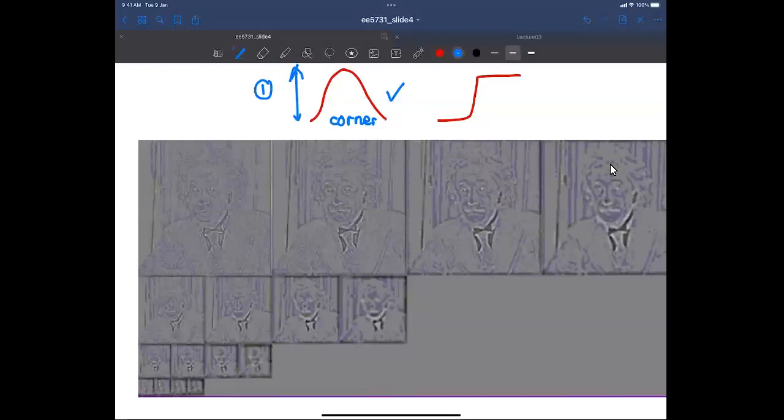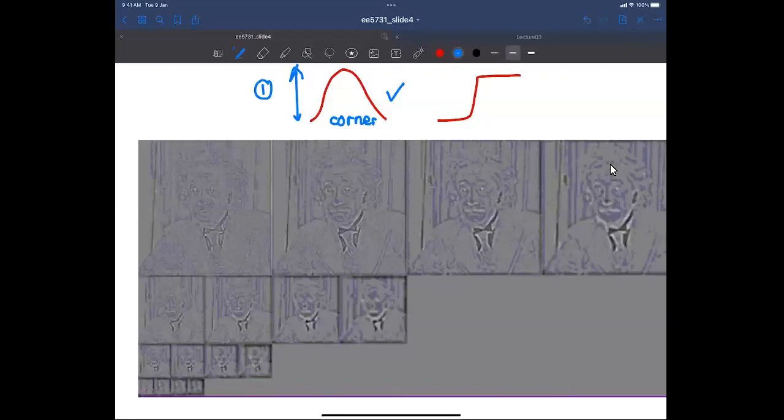Because if it is a mountain, the contrast is high and it is easily repeatable. Compared with hills, hills can be caused by noise, but it is difficult for noise to create a mountain. So mountains are something that we want to find in this first stage.